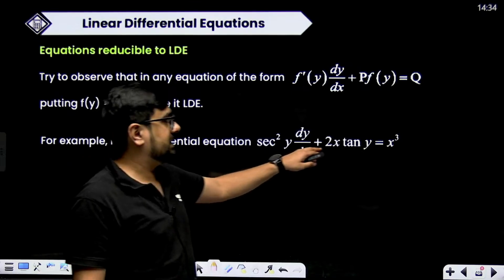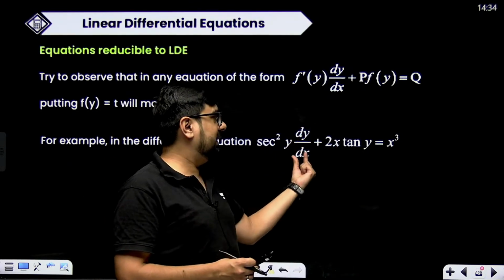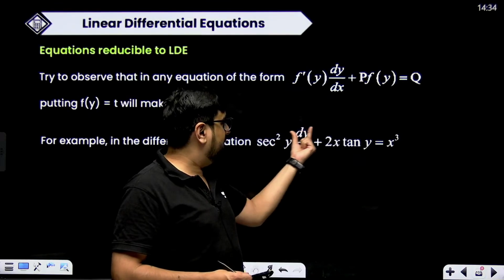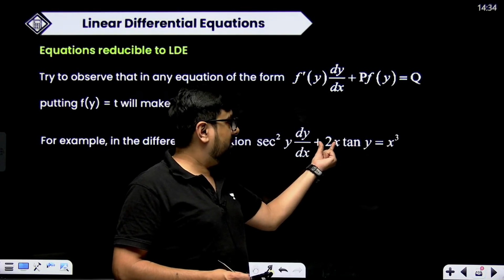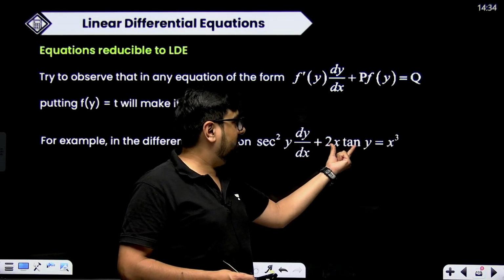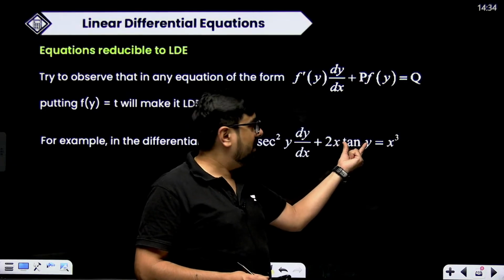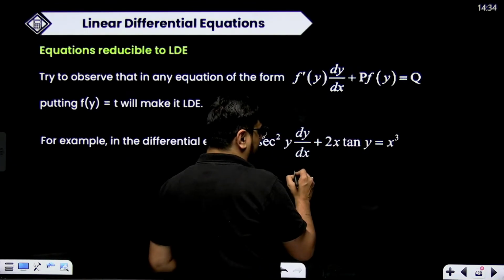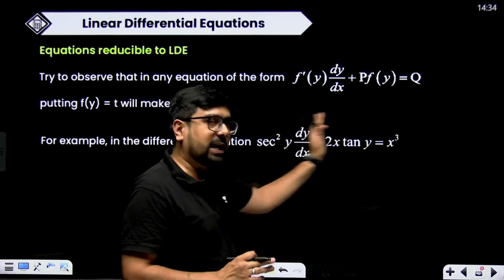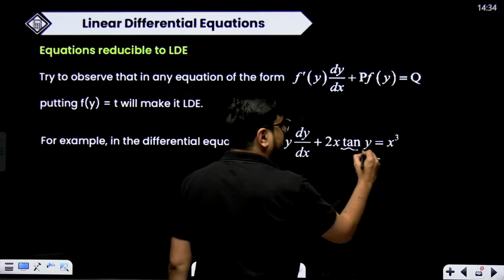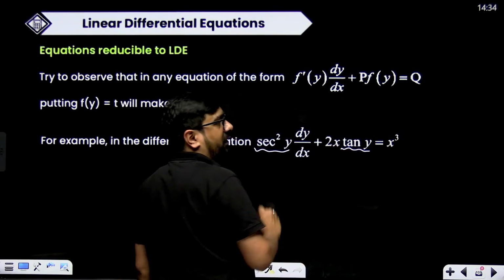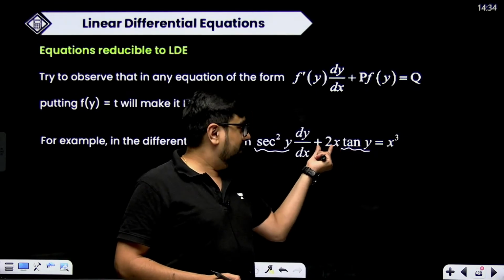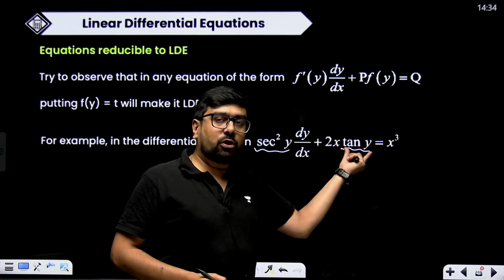For example, like this. This looks linear in y, but instead of y we have tan y. Here we have a function of y, and with dy by dx we have a function of y, and with p, which is 2x over here, there also we have a function of y.